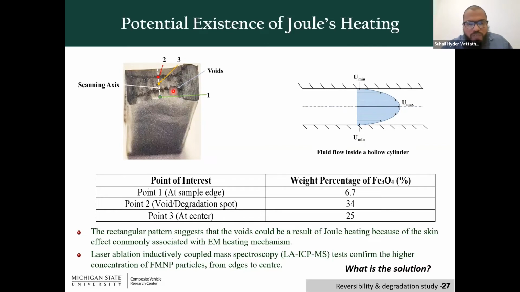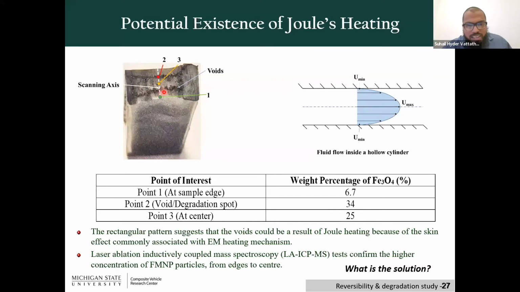So what we did was to understand the weight percent of ferromagnetic nanoparticles across the cross section. We did mass spectroscopy, called laser ablation inductively coupled mass spectroscopy, a technique you can use to find the amount of nanoparticles at different points across the thickness.